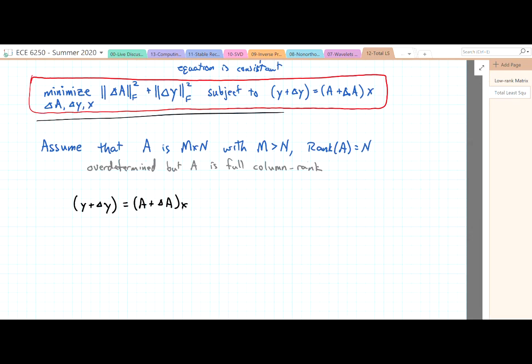And we can rewrite this as A plus delta A times x minus y plus delta y is all equal to 0. And we're going to write this in matrix form.